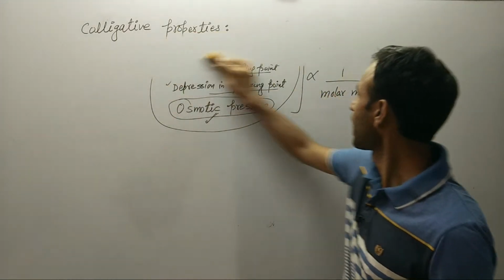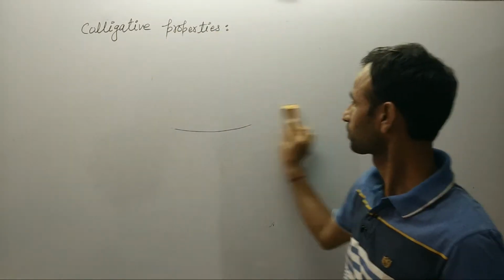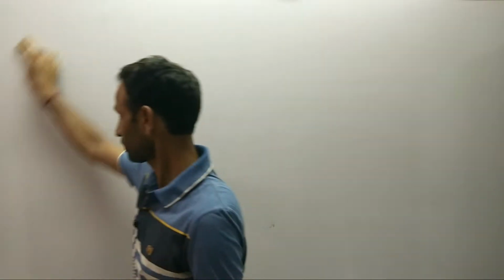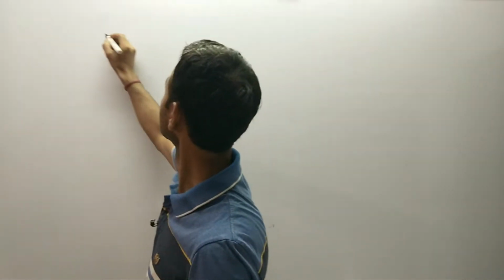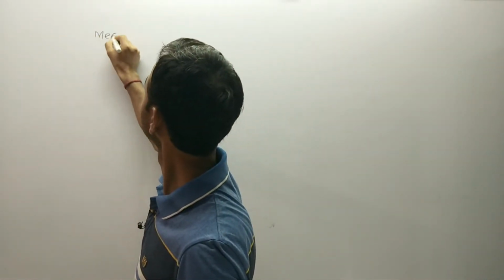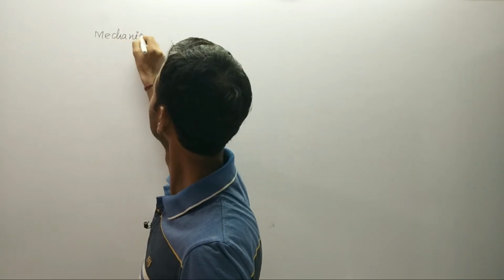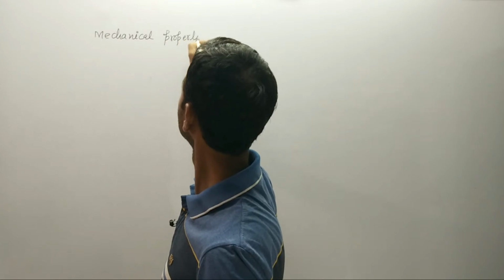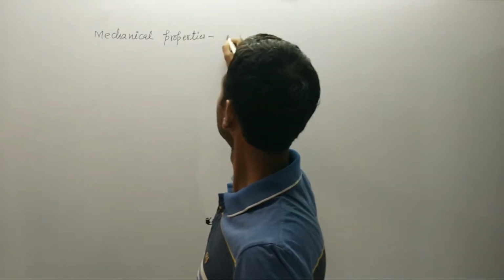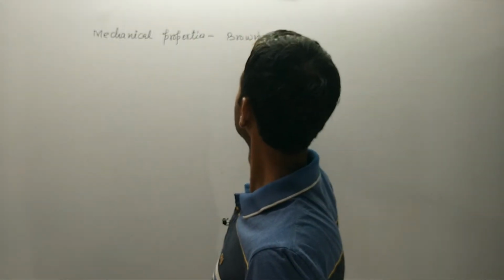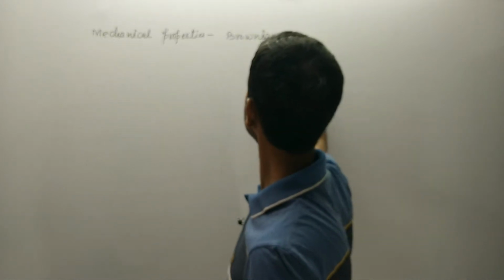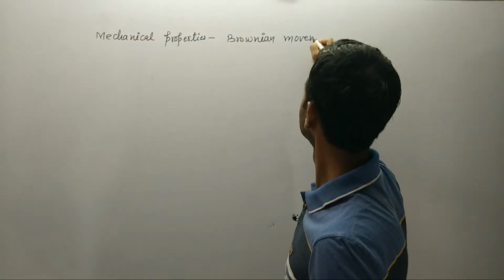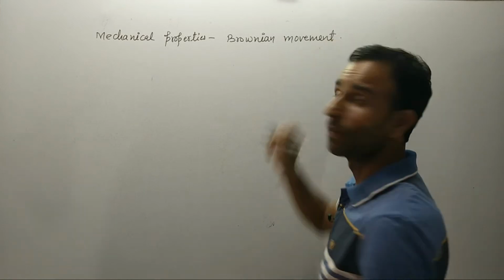Now, next one is mechanical property. And main is Brownian movement.